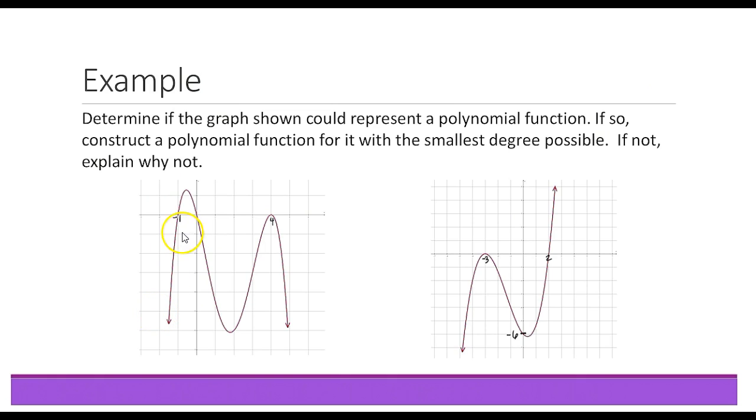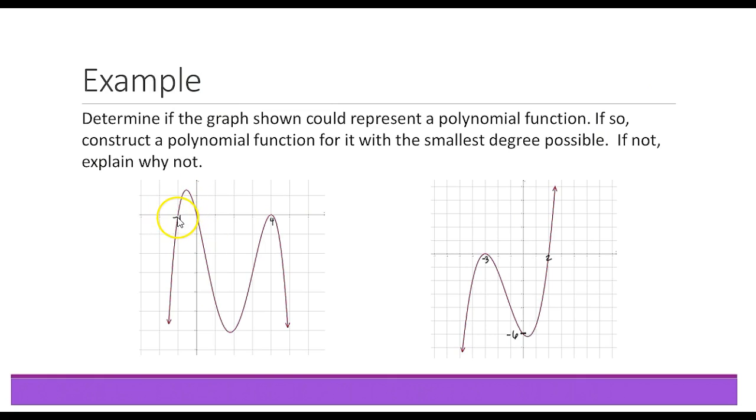So to construct the polynomial function, what we need are the zeros, and to analyze the behavior near the x-axis at those zeros, at those x-intercepts, and to think about the end behavior and the y-intercept. So let's start with the x-intercepts.